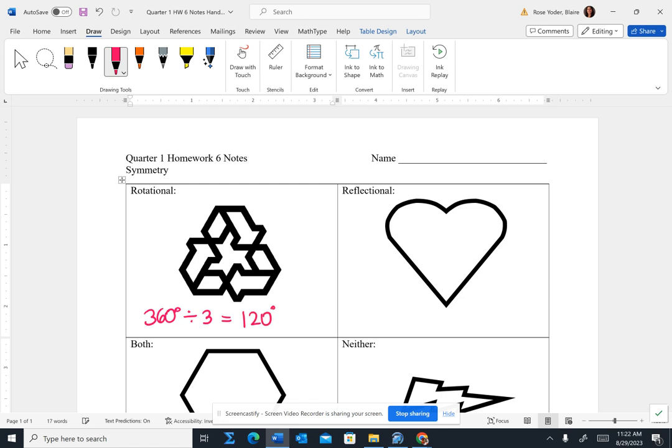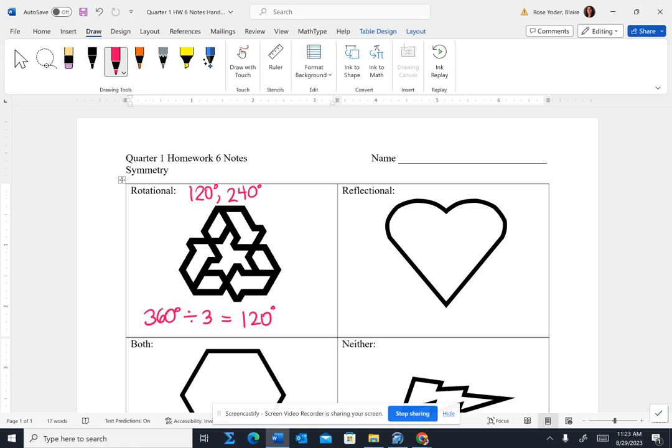It's 120. So the first rotation that we did was 120 degrees. Then we did 120 more, so 240 degrees. Then we did 120 more, but that got us back to 360 degrees. I never list that for rotational symmetry because, of course, when you rotate something by 360 degrees, you get back the image that you started.